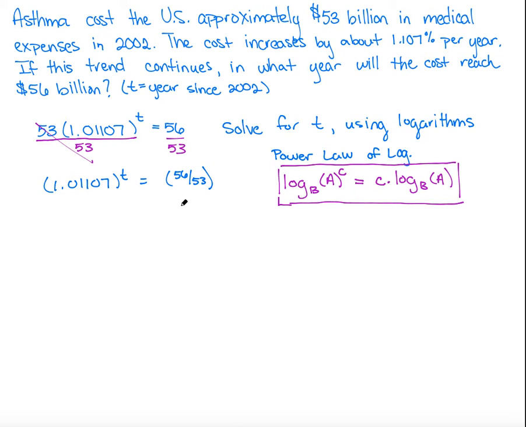When we want to solve for a variable in an equation, we always use inverse operations to isolate that variable. That's what we did in this first step: we did the inverse operation of multiplying by 53, so we divided both sides by 53. Now we've got this power t, and we want to know, how do we undo it? What is its inverse function?